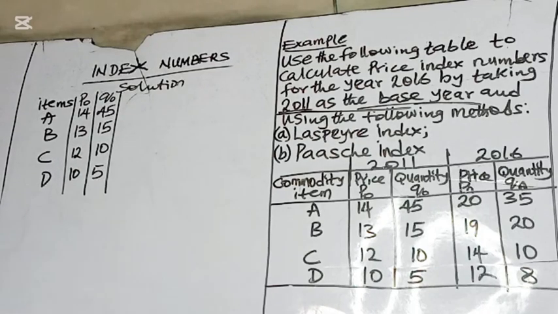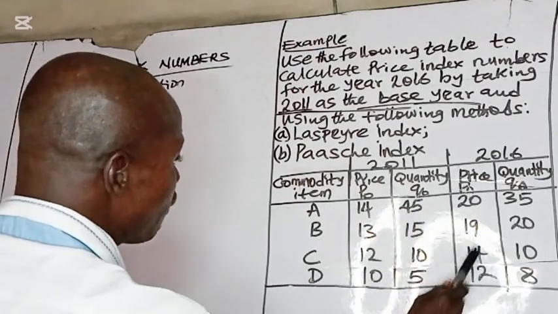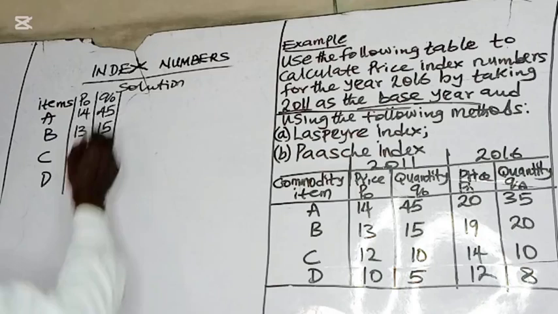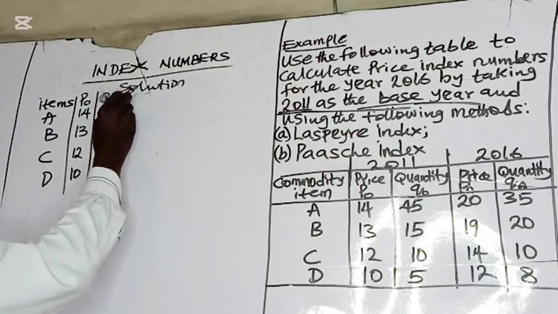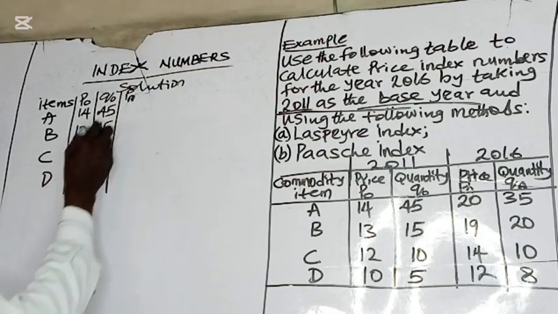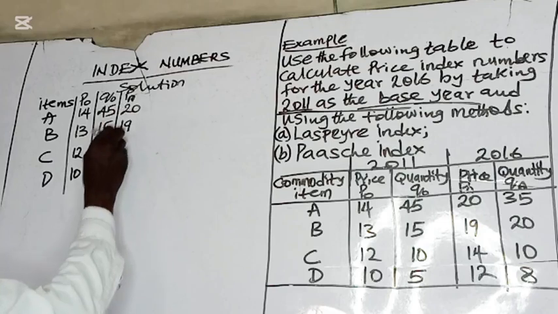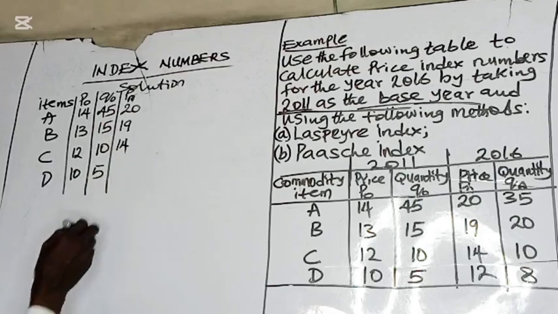Then in the same question, you are given PN to be 20, 19, 14, and 12.